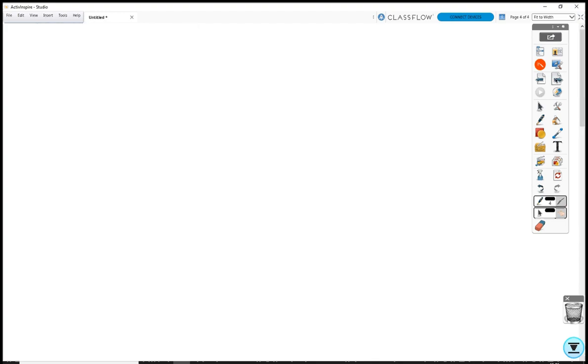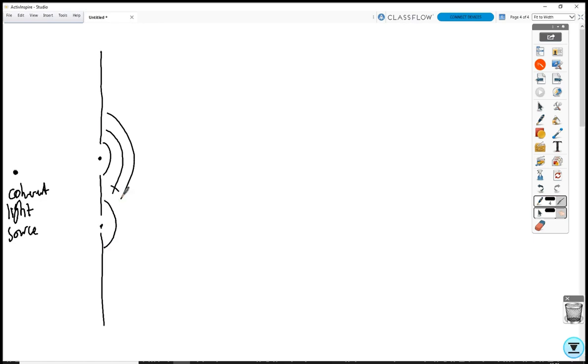Okay, start a new page. So we start with a coherent light source. Then, at the slits, we have diffraction. So diffraction occurs at slits.